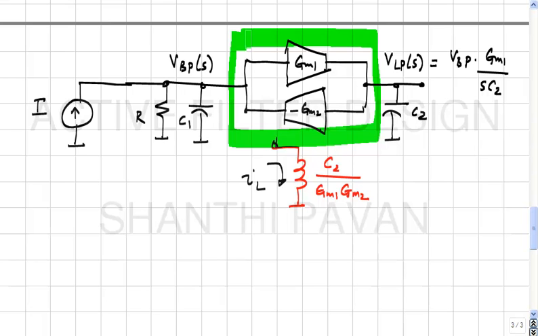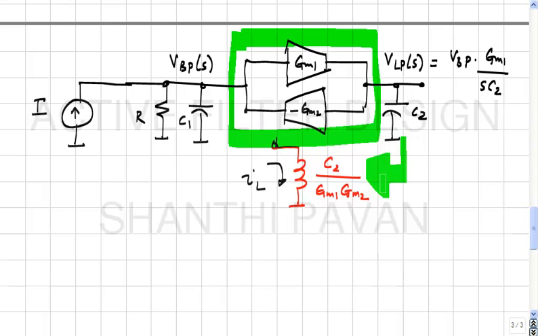So one interesting exercise: we derived this from the parallel RLC network, but the gyrator seems to be completely agnostic with respect to which port is which, apart from the values of GM1 and GM2. If I looked at it from this side, what would it reduce to? Does this make sense? Okay.